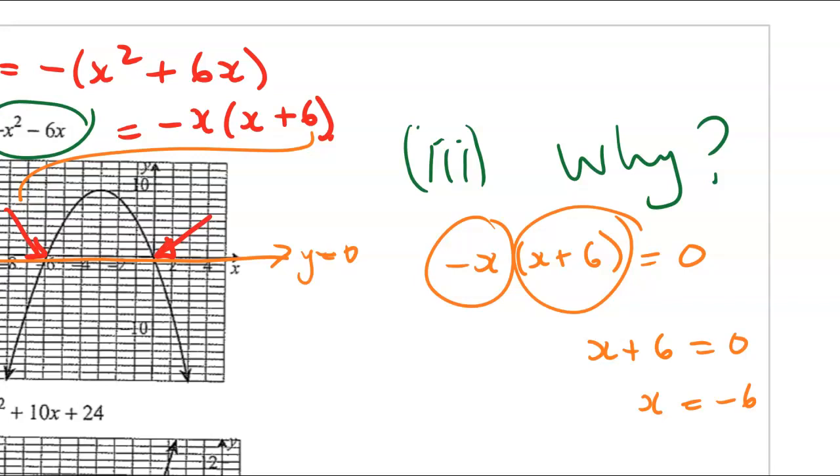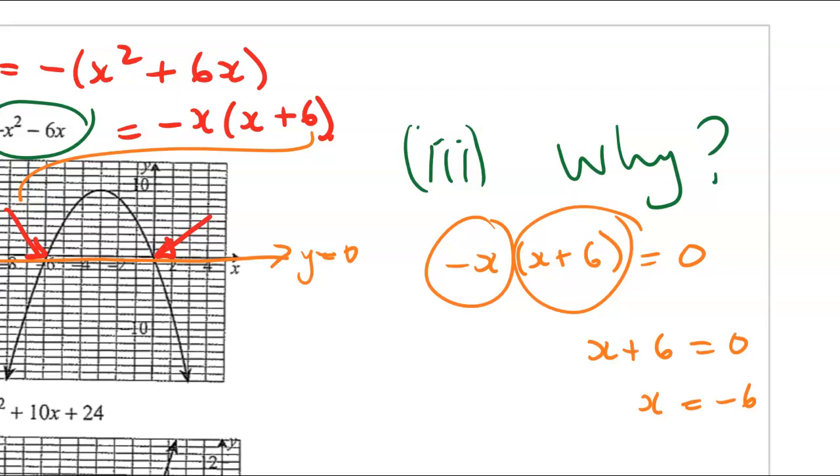But when you think about this logically, and like I said, we'll do it formally next week, so I'm not going to spend much more time on this, if you multiply 2 numbers to get 0, what can you tell me about at least one of those numbers? One of them has to be 0. So this one, potentially, the x plus 6 one, whatever that number is, is 0.